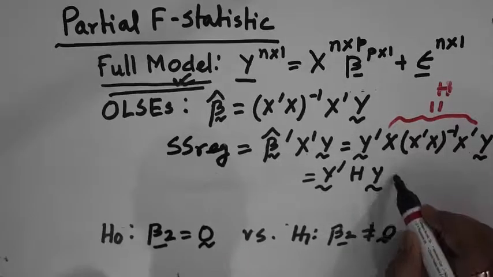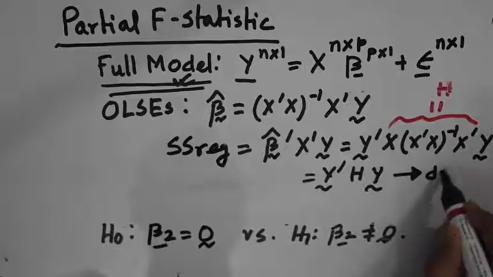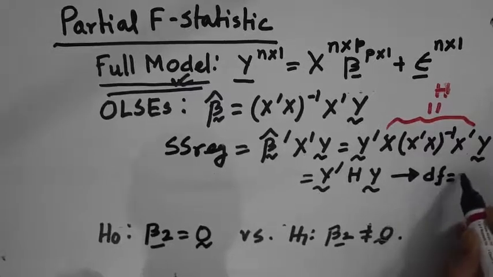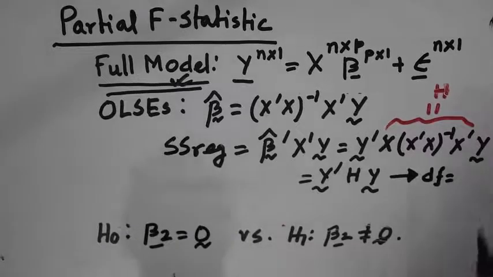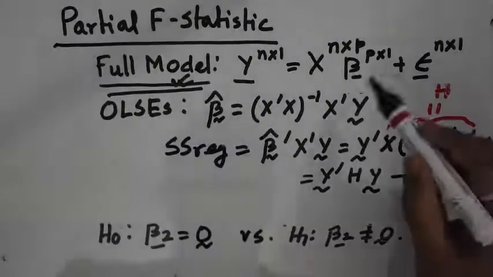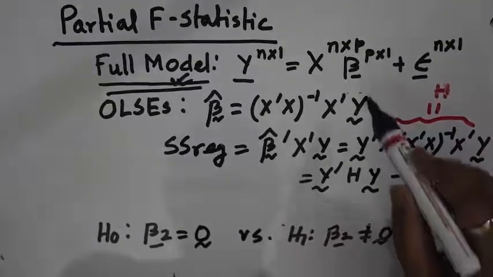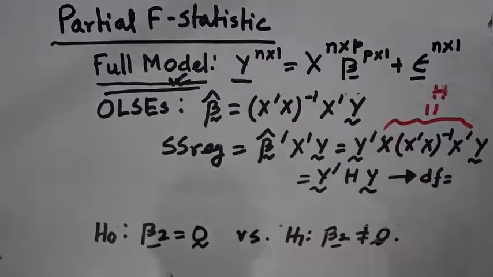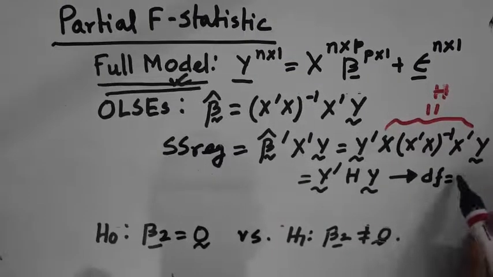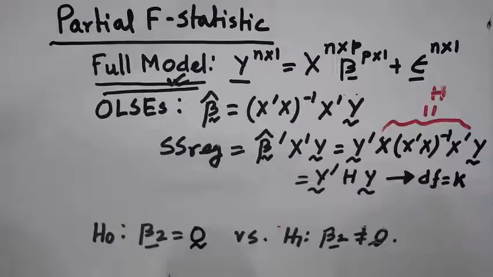And the corresponding degrees of freedom for this full model, since there are k regressors or explanatory variables, is equal to k.